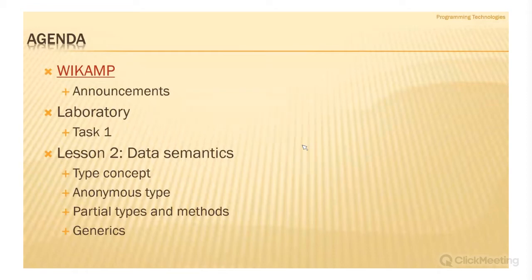Second, let's start talking about data semantics. Previously, we discussed terms like data and information, but how is it related to the type? Because commonly when we are talking about programming, we are using the concept of type. So we must understand what the difference or similarity is between the type, the data and the information. We have three terms.